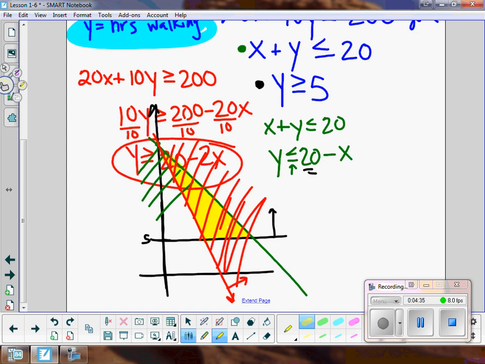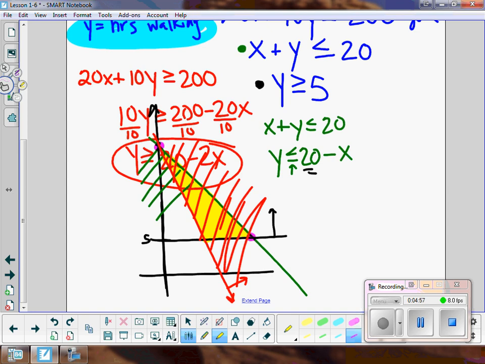That will be the possible region where Malcolm's dog walking and mowing lawns will occur. So we'll find some key points like these intersection points, and we'll discuss his options for how many hours he's going to mow and how many hours he should walk the dogs.